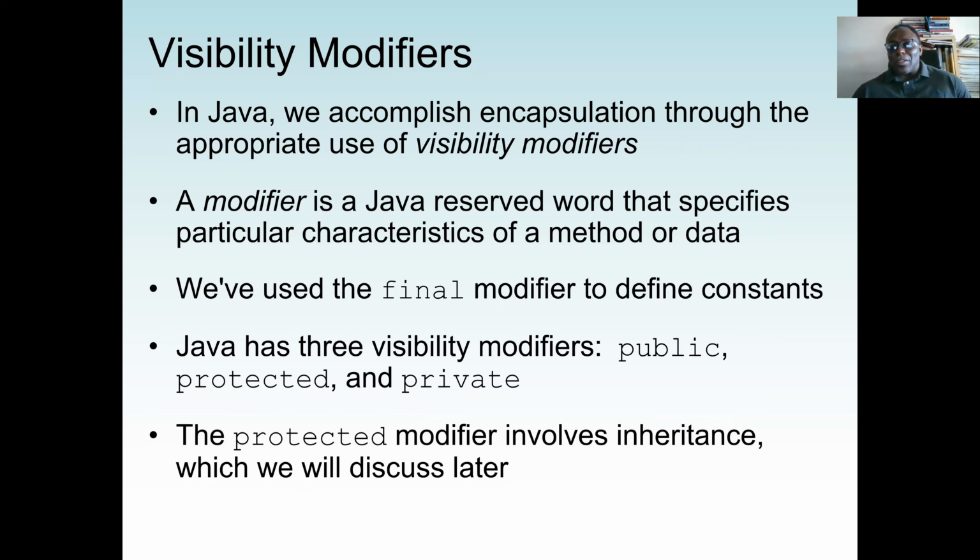Other classes cannot use it or access it. So encapsulation, most of the time, we enforce on data members, not the methods. Private means only the class that declares it can directly access it. The protected modifier always involves inheritance, which we are going to discuss later on.